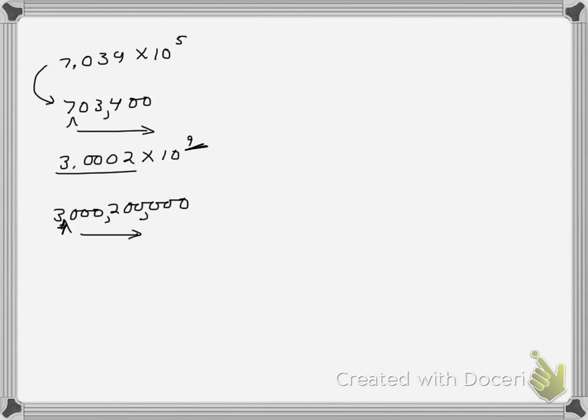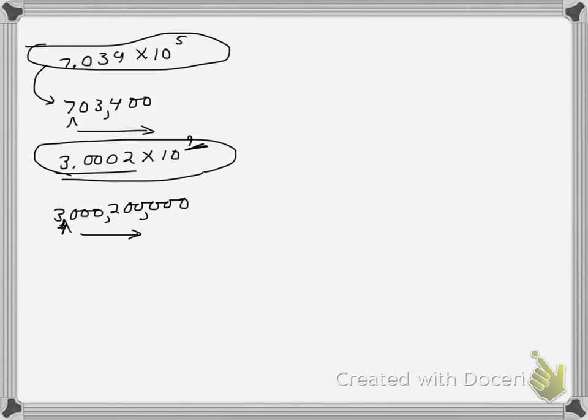You move both directions. You can study it again in their examples, and I think the only thing that's kind of confusing for students is when they're moving from scientific notation to a large number.